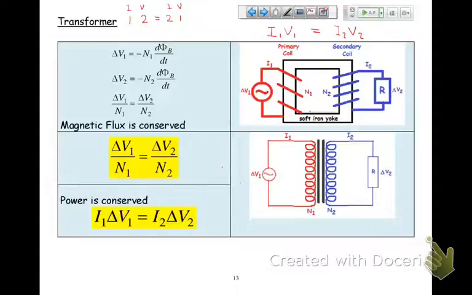2 times 1 is 2. 1 times 2 is 2, yeah? Same power. Power equals IV, yeah? But the heating effect on this guy scales with the current squared. So the heating effect on this guy is 4 times the heating effect than on this side.